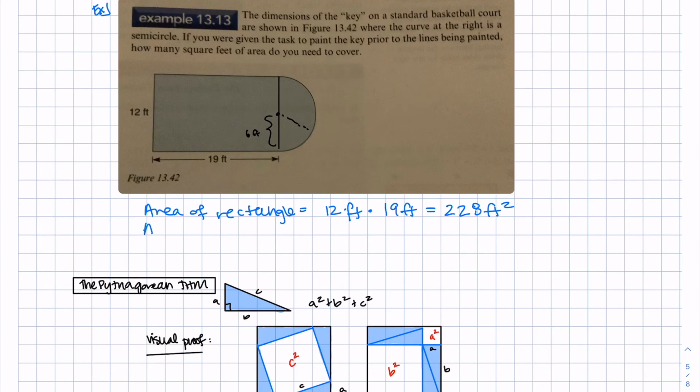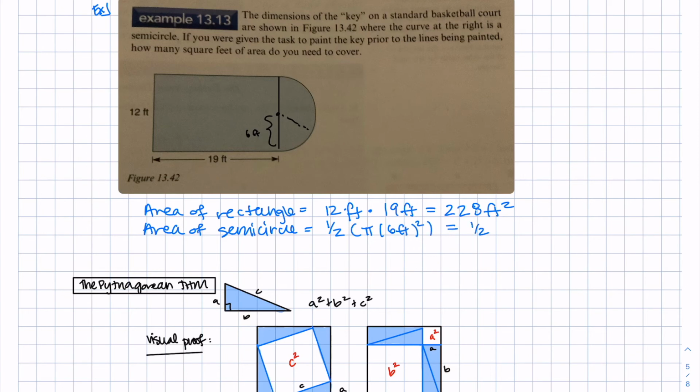And then the area of the semicircle. Well, it's not going to be the whole area of the circle because we just have half of a circle, so I'm going to multiply it by 1/2, and it's going to be pi times r squared, and r is 6 feet.